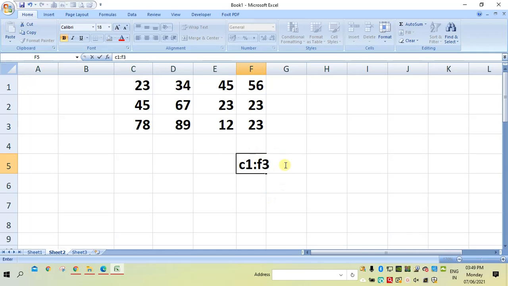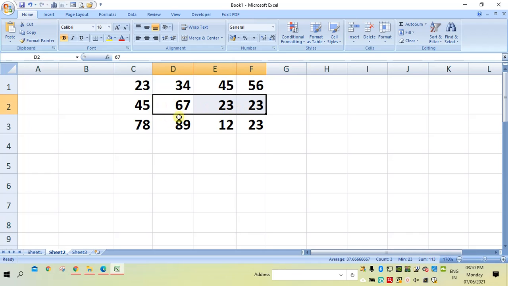Similarly, one more. What is the range of this? The range of these three numbers is D2 to F2. Similarly, what is the range of these two numbers? These two numbers' range is C3 to D3.